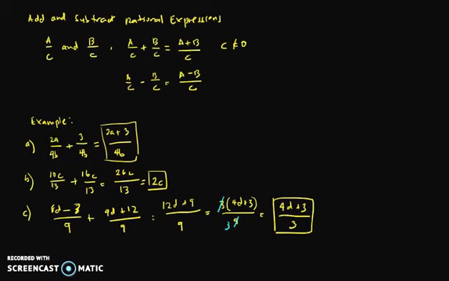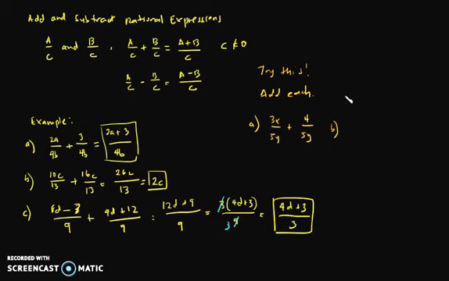Now it's your part. Add each. For letter A, you have 3x over 5y plus 4 over 5y.